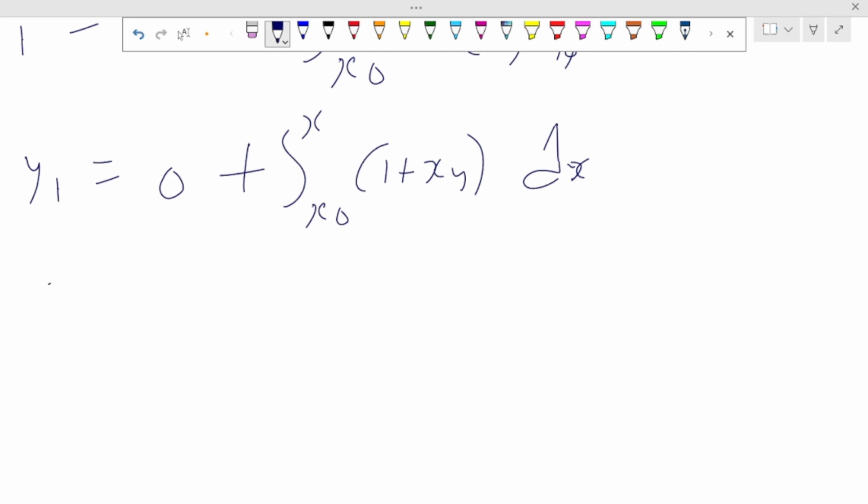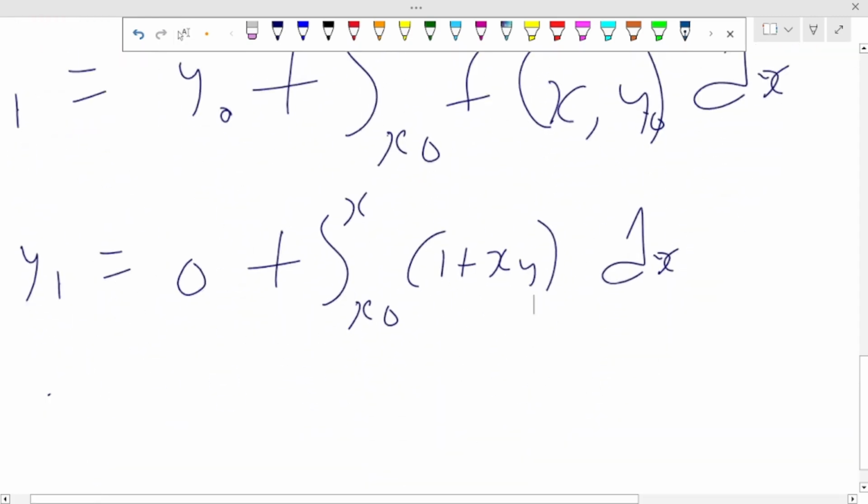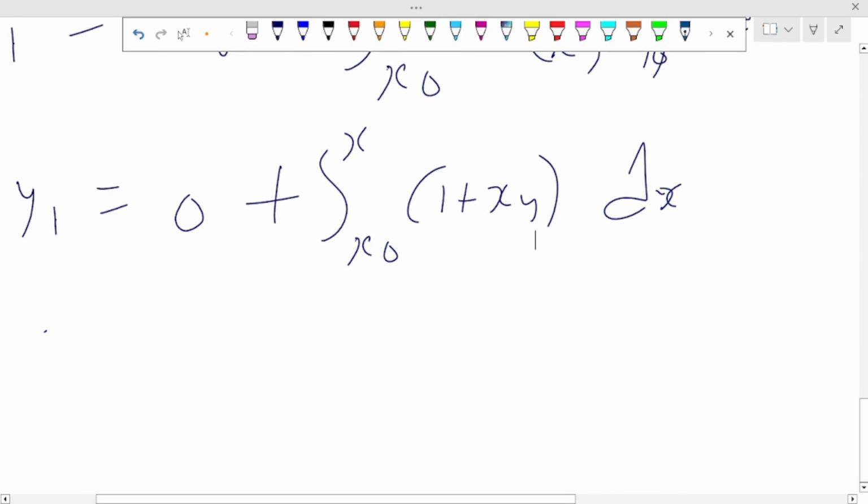Now of course the initial value of y is 0 in this case, so we'll have 0 in this place, and clearly x multiplied by 0 will give us 0 there.